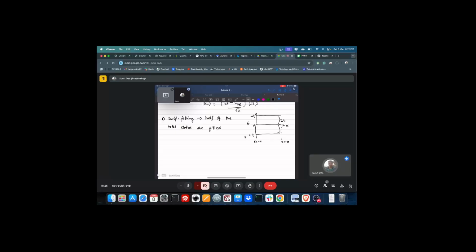Since we have 2n states, half filling means n states will be filled.